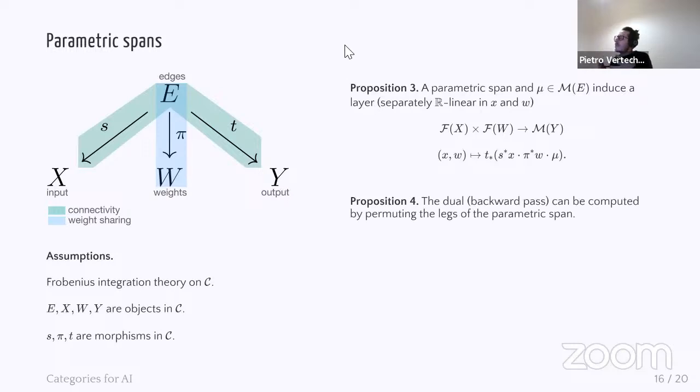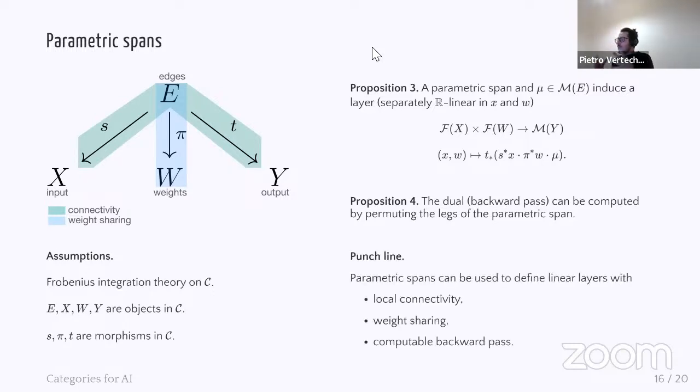And this is important from a practical point of view. It has a very easily computable backward pass, because to compute the dual of this thing, we take advantage of the duality between functions and densities, and all we have to do is permute the order of the legs of the parametric span, but it's the same computation.